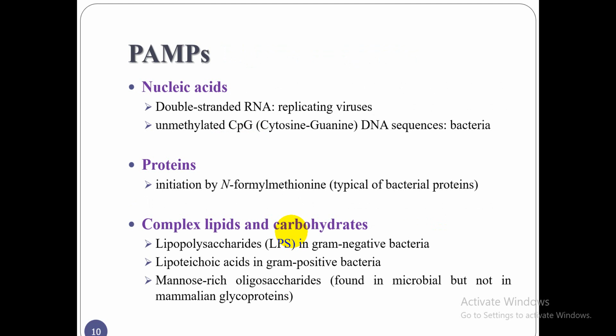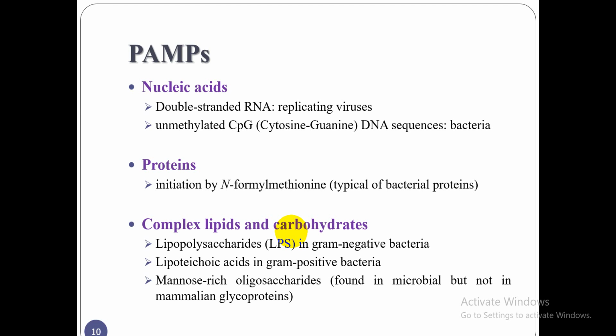PAMPs could be nucleic acids, could be proteins, and could be complex lipids and carbohydrates. Some examples of nucleic acids are double-stranded RNA. You know that replicating viruses have double-stranded RNAs, and these double-stranded RNAs could act as a PAMP.